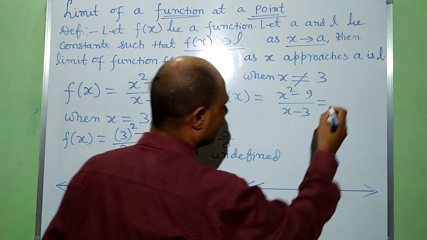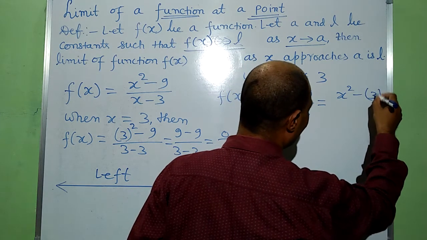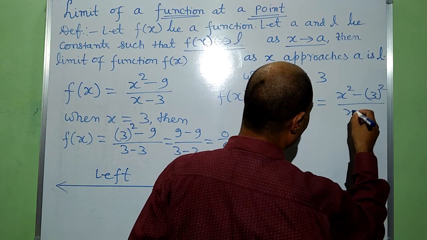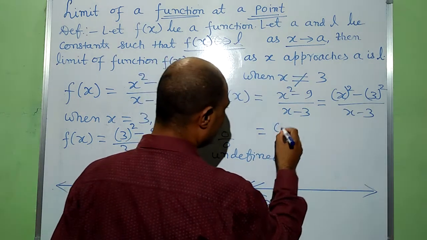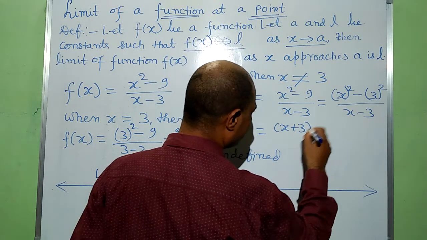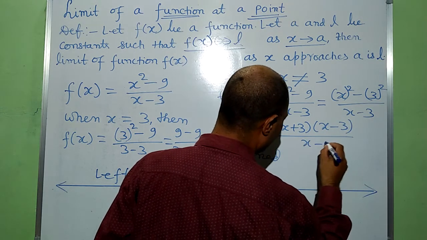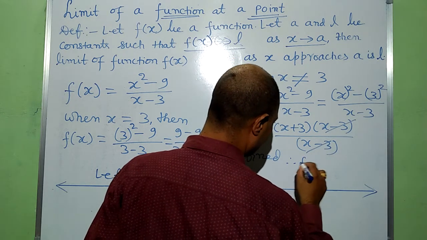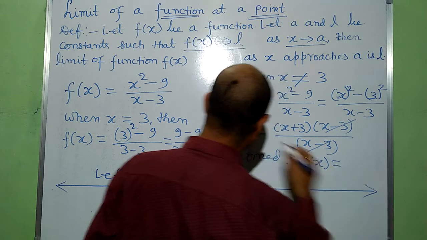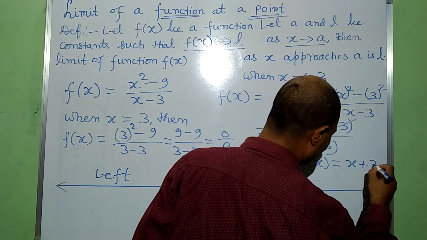We can solve it like this: x square minus 3 square by x minus 3. We can write it as x plus 3 into x minus 3 by x minus 3. This will be cancelled. Hence the value of f(x) is x plus 3.